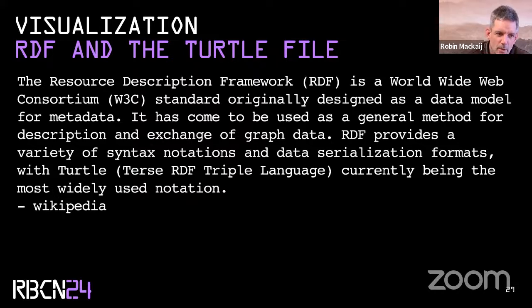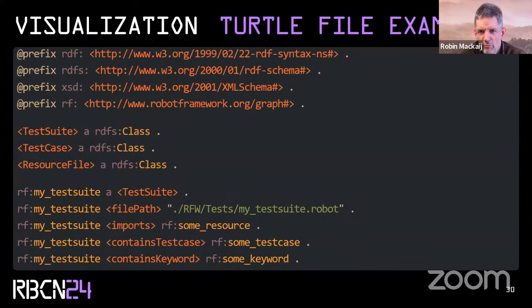It's a W3C standard. It's actually the biggest model in modeling triple stores, and then they call it turtle files. It's all things like, okay. But if we just make an example, it looks something like this.